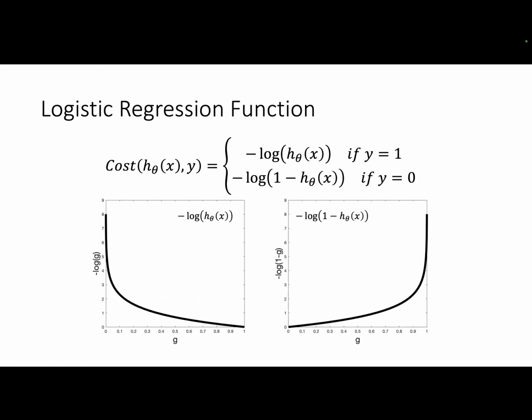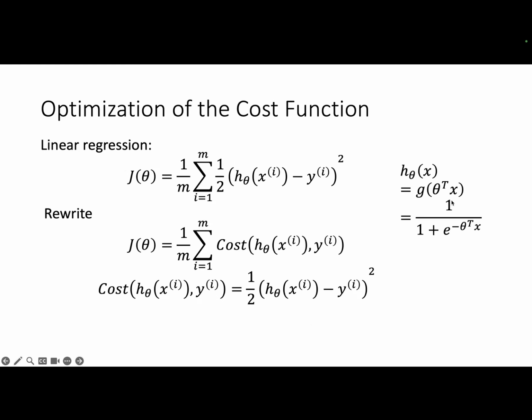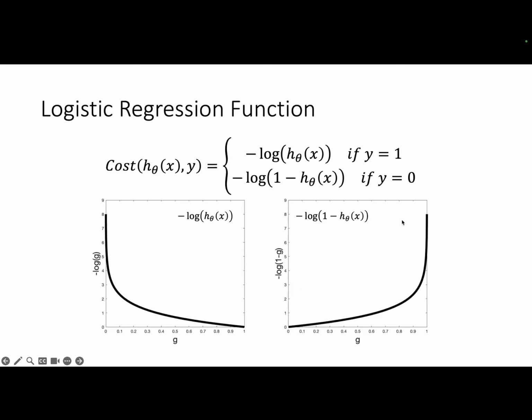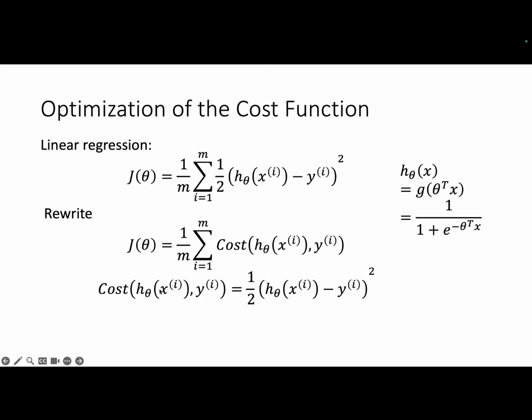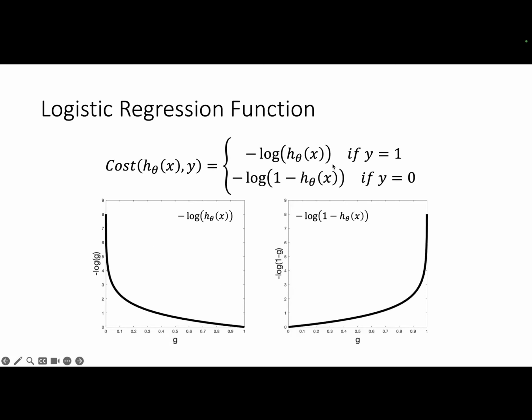Okay, so instead of this, well, gagamitin pa rin naman natin ito, but we will write this cost function, itong buo na ito, instead of writing it like this, we're going to write it as this. Kasi magiging simple lang yan.